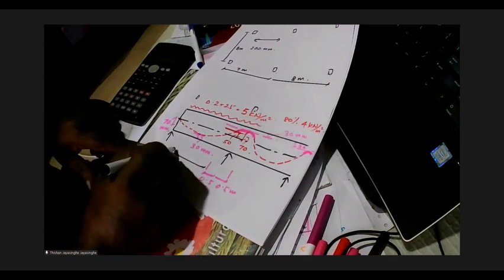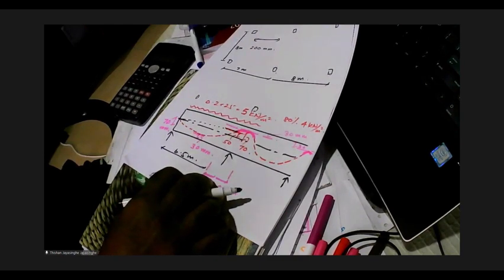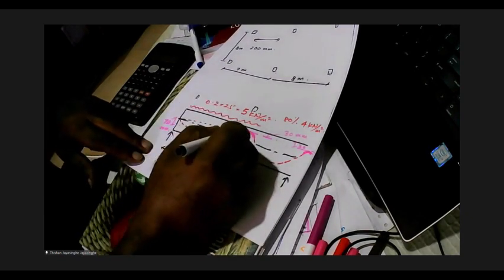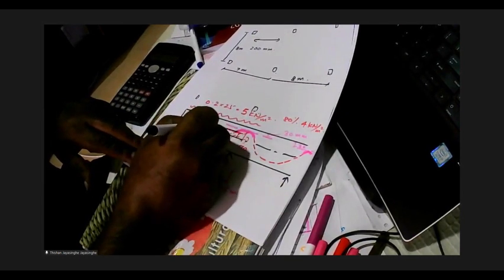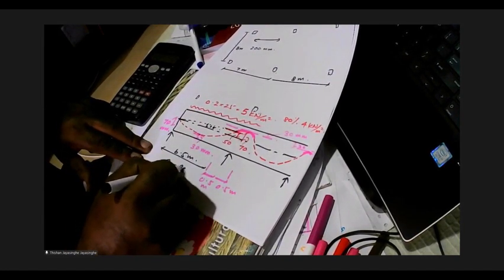So now we can see this is 7 meters. So this is 6.5 meters. Over 6.5 meters, we are going to get an eccentricity of how much? So 6.5 meters, here you get 50, here you get 30, halfway through you get 25, and 70, so you get an eccentricity of 95 millimeters here.